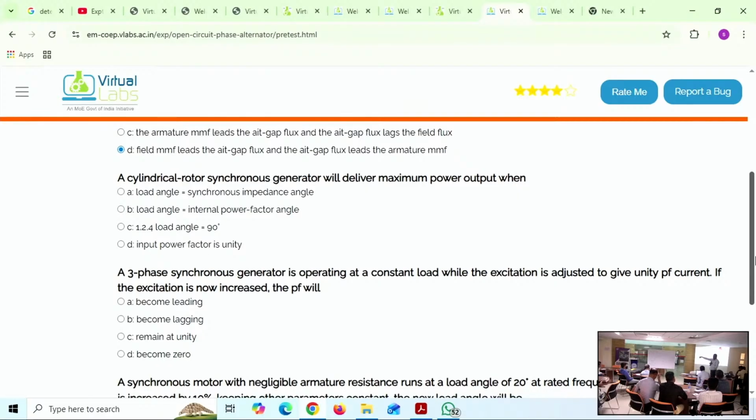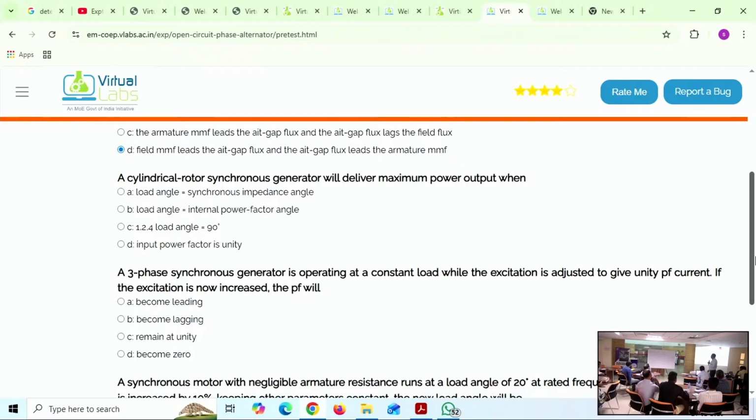Yesterday we discussed it. That's why delta, phi, theta, and psi are also there. Load angle means delta. Synchronous is according to my notes, sir. You may have different notation. Synchronous impedance angle is theta.